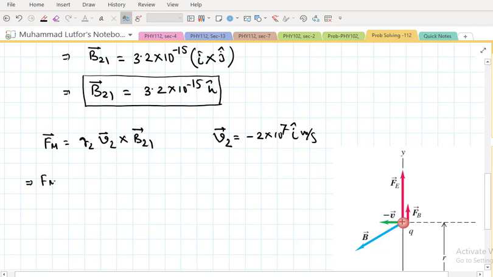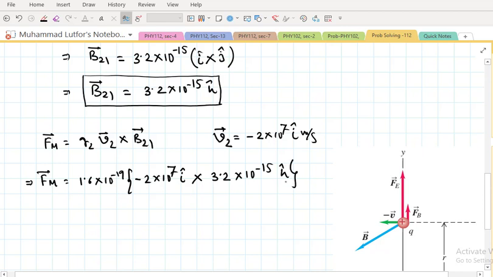What would that be? I should write the charge, which is 1.6 into 10 to the power minus 19, right? This is the charge of the proton. And for V2, I'm going to use the curly bracket over here, minus 2 into 10 to the power 7 i hat. I drop that unit, cross magnetic field B21, which is 3.2 into 10 to the power minus 15 k hat, right?